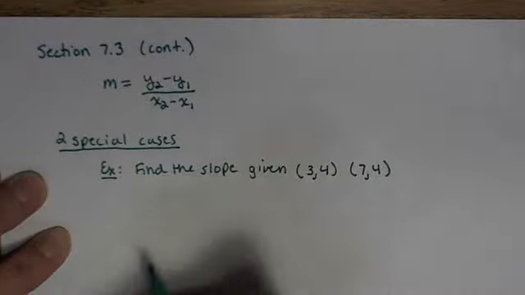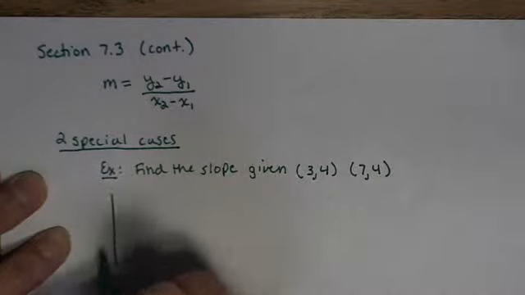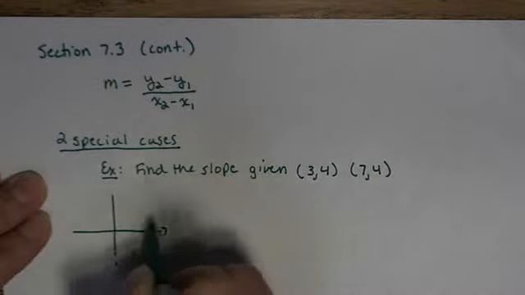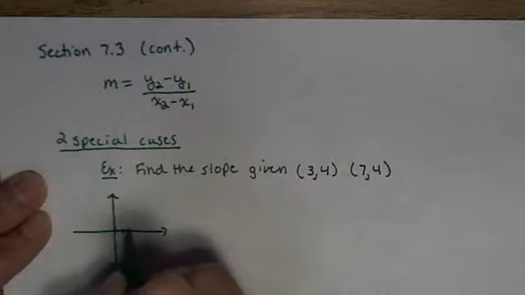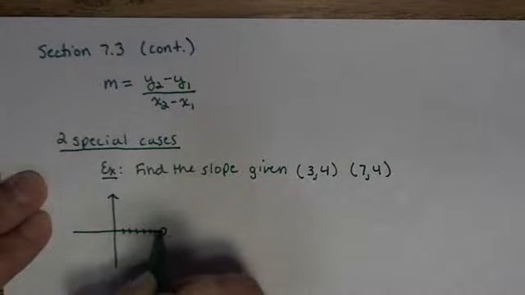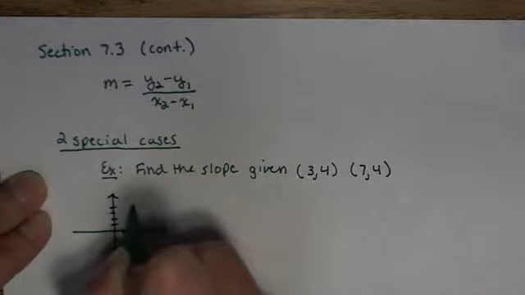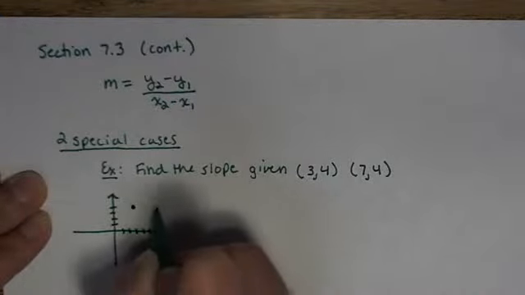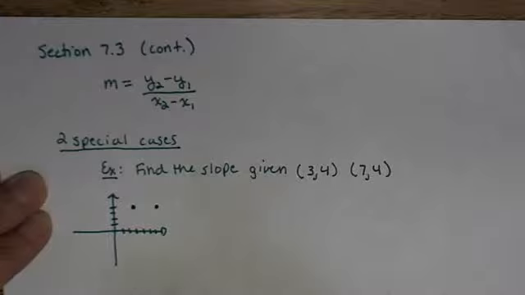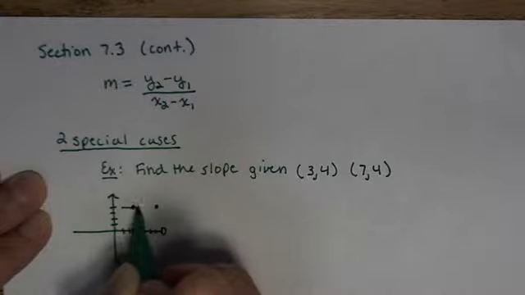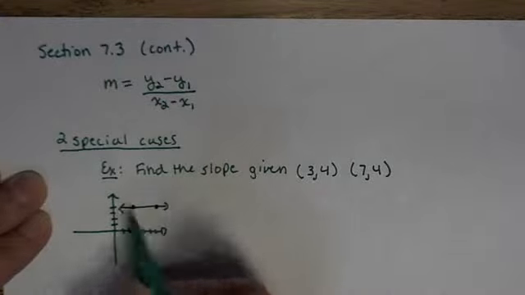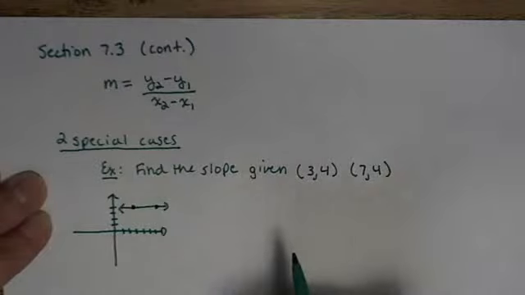If I were to look at this on a graph, you might notice that the points 3, 4 and 7, 4 line up right across from each other, so the type of line we get is a horizontal line. So what happens to the slope here?